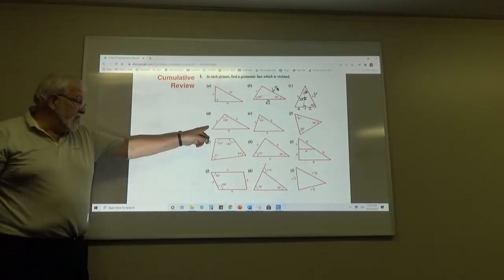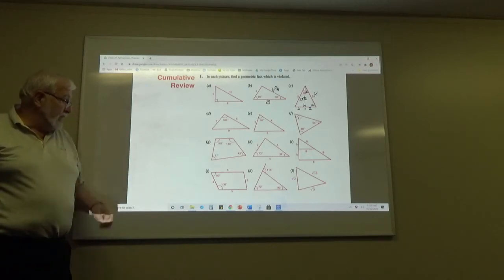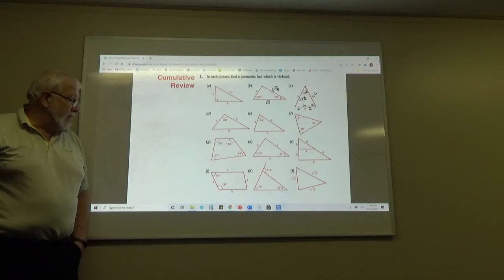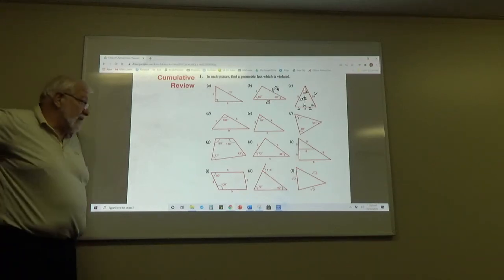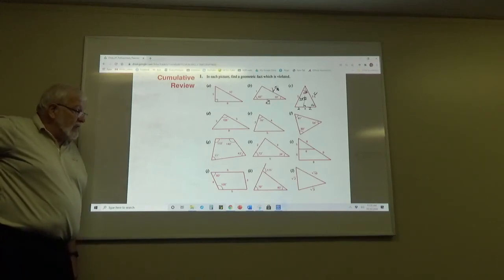All right, what do you see here? Let's try, will the Pythagorean theorem work?